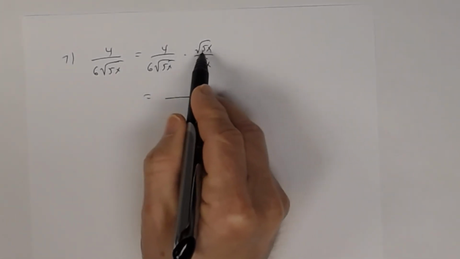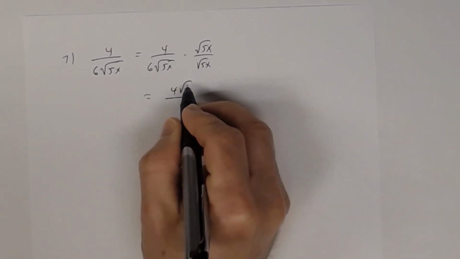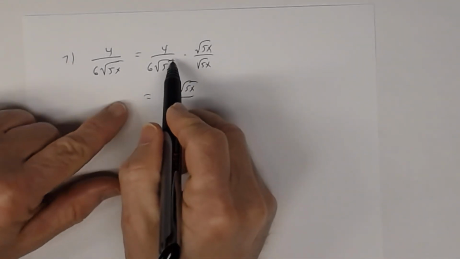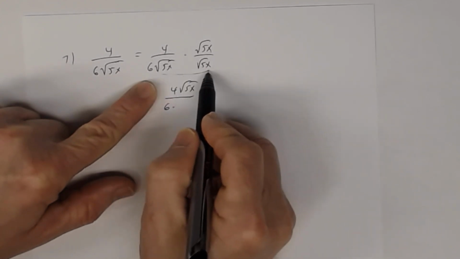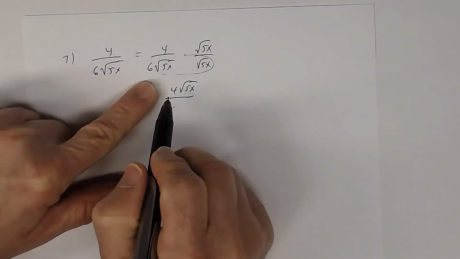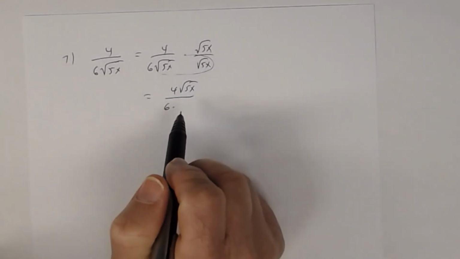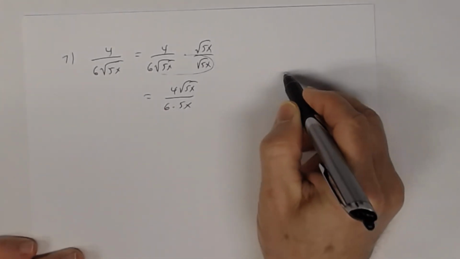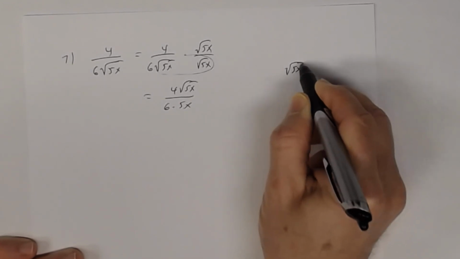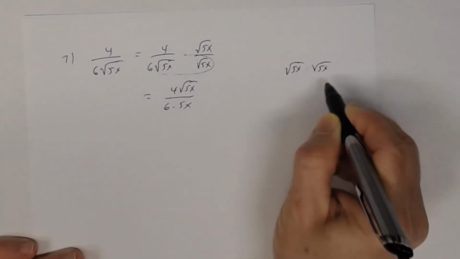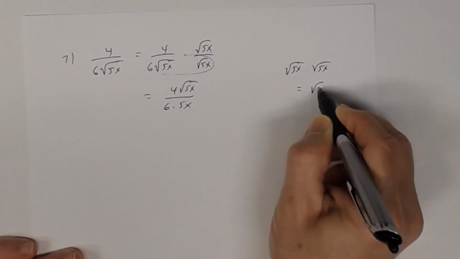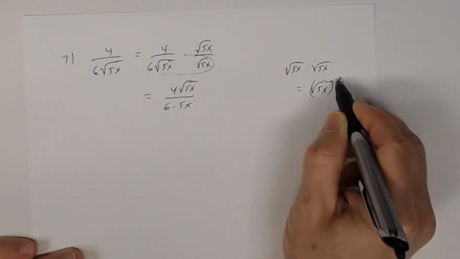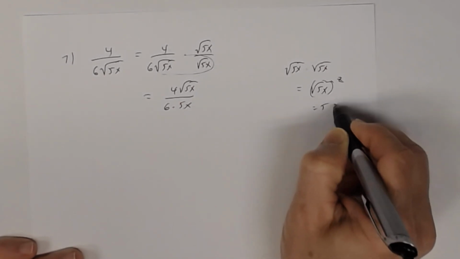I get 4 square root of 5x, divided by 6 times the square root of 5x times the square root of 5x. You have to know right off the bat that's just 5x. Do y'all agree that's the same as the square root of 5x squared? The square root and the square undo each other, so you're just left with 5x. That's one way.